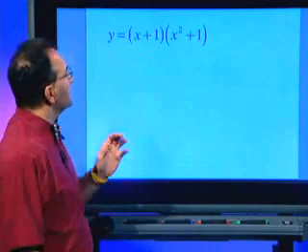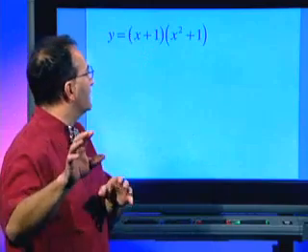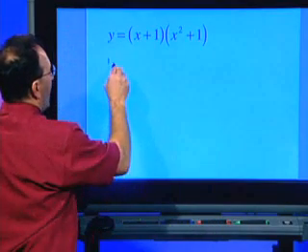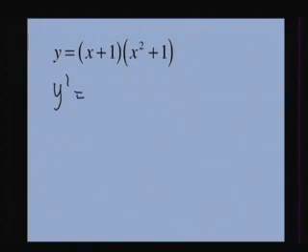So we have y equals x plus 1 times x squared plus 1. So the derivative y prime is equal to the first, which is my u, times the derivative of the second. The derivative of this would be 2x, and of course the plus 1 is a constant, so it is 0.